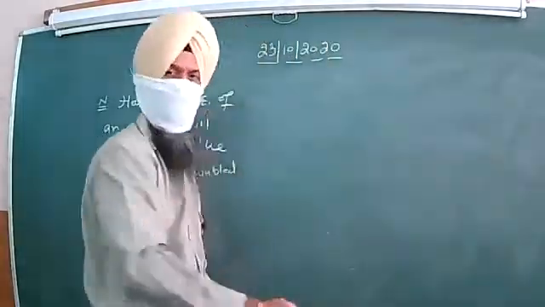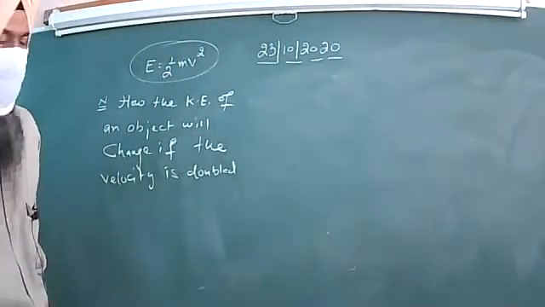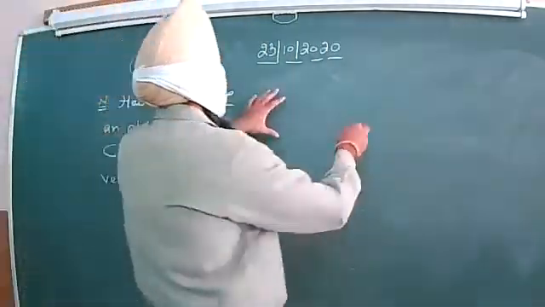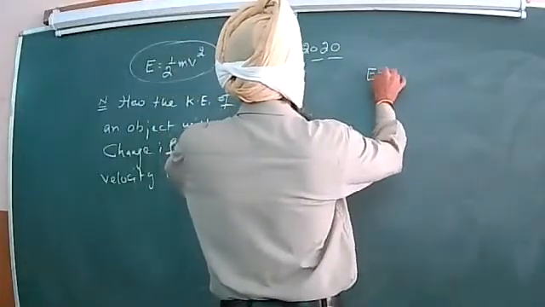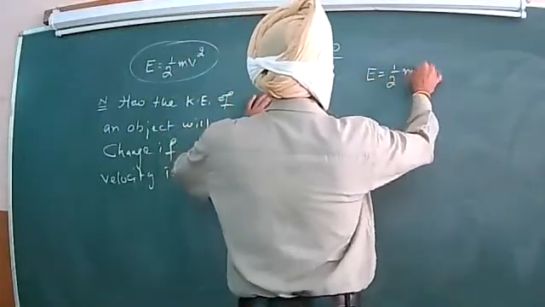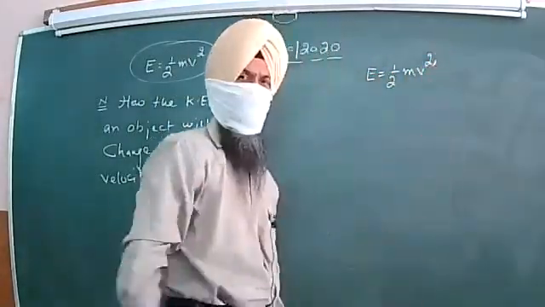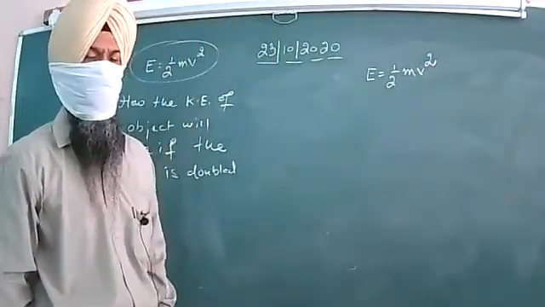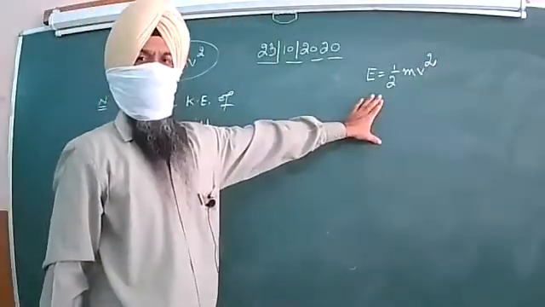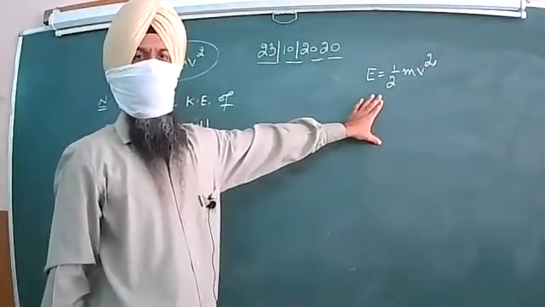How do we get this kinetic energy? We have E equal to half m and the square of this velocity. New kinetic energy is required.